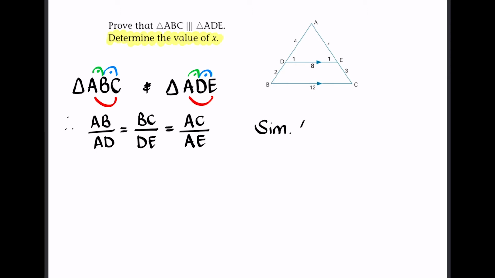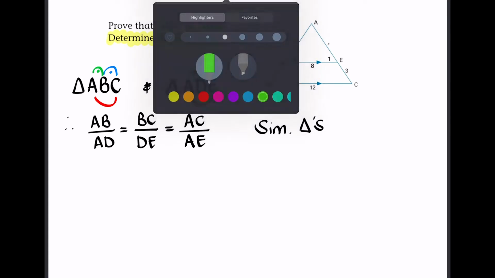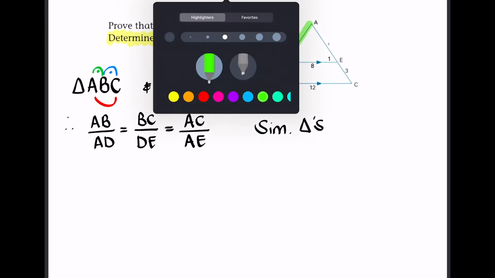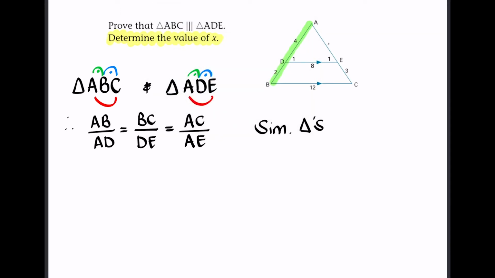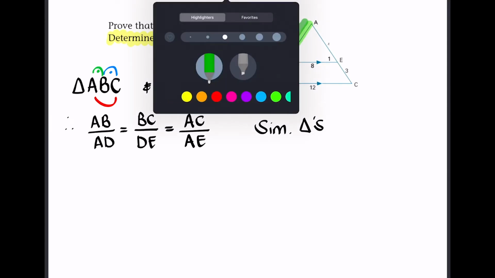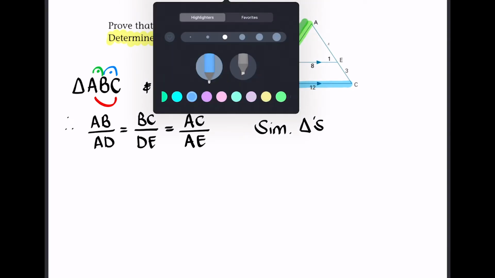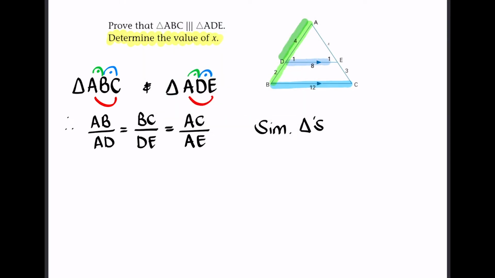So I can therefore conclude that all three of those corresponding sides are in proportion because they are similar triangles. Now, if I were to color code that, AB over AD, so that's AB, which is the full length over here, over AD, which is the smaller length. Then I have BC, which is this length over here, over DE, which is this length over here.